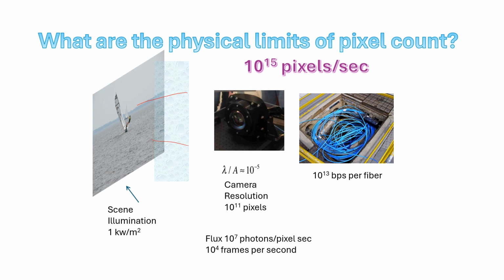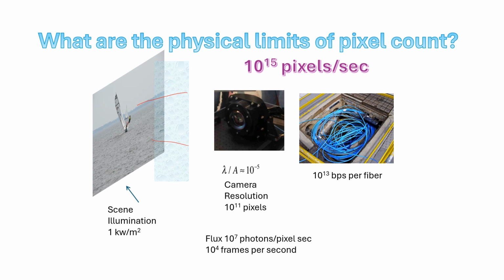Each floating point operation in a modern computer requires somewhere between 10 and 100 picojoules. And so if we're going to process our 10 to the 15th pixels per second into compressed data that could go out on a fiber, we might need to have 100 to 1,000 floating point operations per pixel, which would get us into the range of nanojoules per pixel at the very minimum coming out of the fiber.